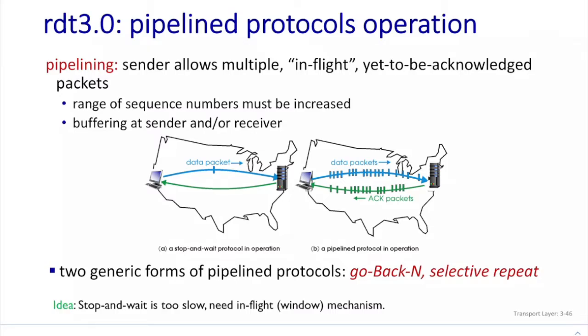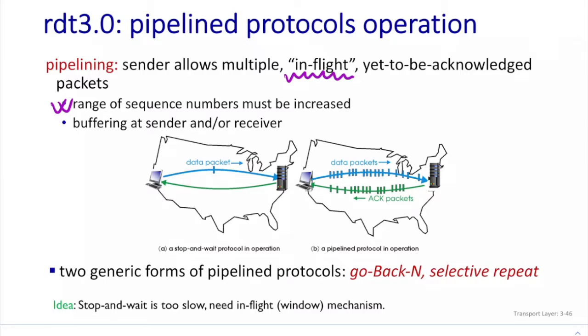But in order to support such a pipeline mechanism, we need some new algorithms and some new finite state machines. We use this word called in-flight. The sender allows multiple in-flight, not-yet-acked packets in this pipeline. So we have more packets, and we should have larger sequence numbers.